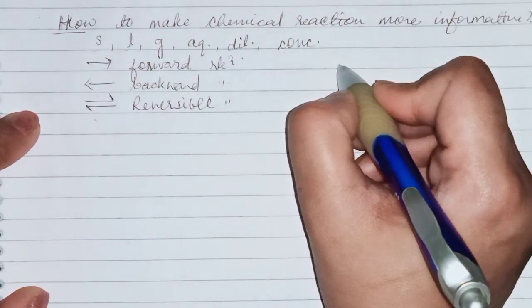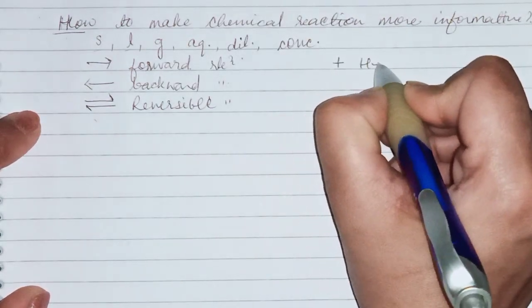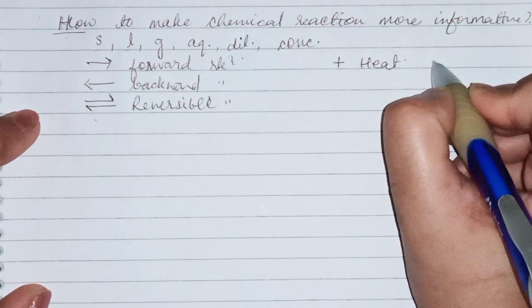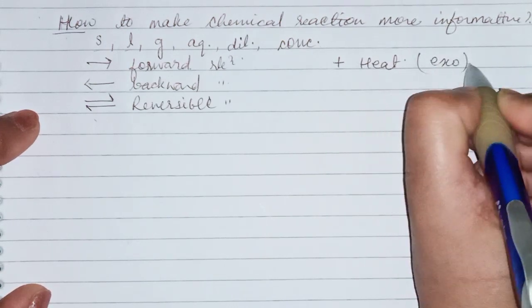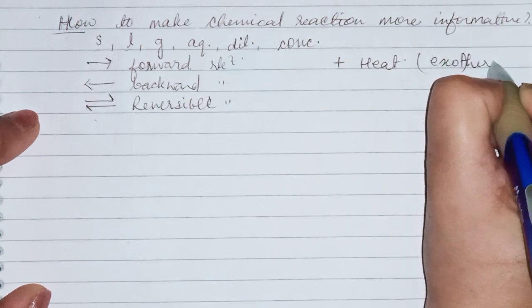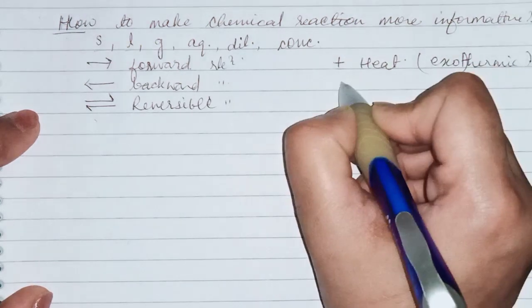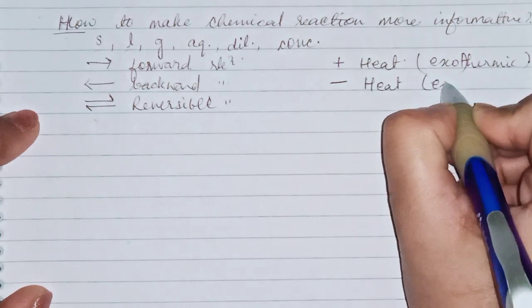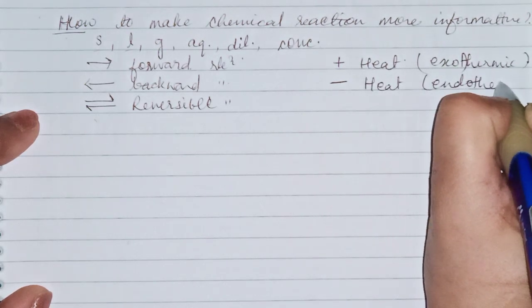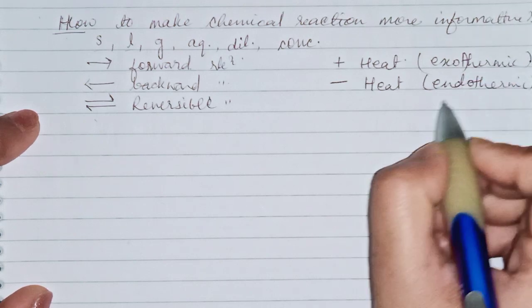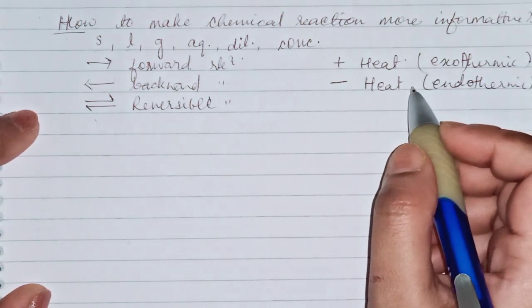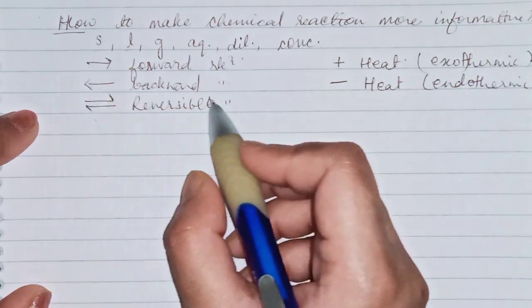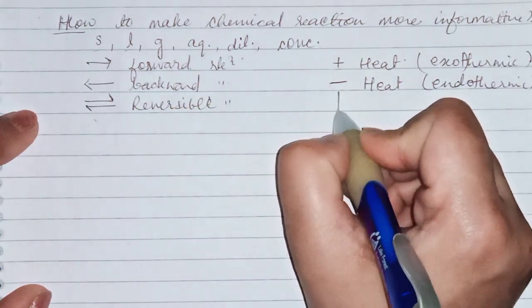And in some equations you will find that plus heat is there, that means heat is given out. It is an exothermic reaction. Exothermic reaction in which heat, minus heat is there, then it is an endothermic reaction. Okay, so these are the information you can get from a chemical equation in which these symbols are there.